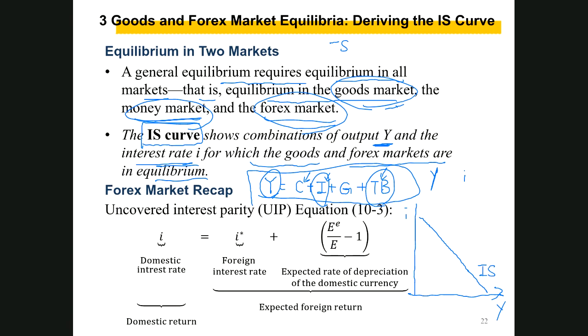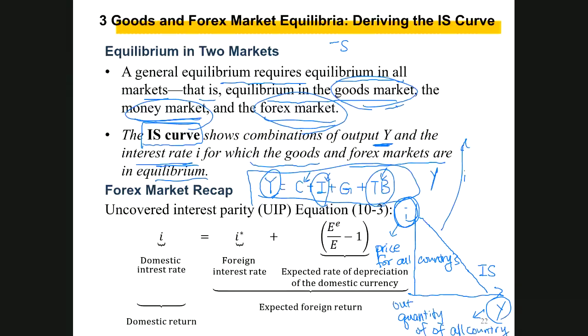You could treat this as the price for the whole country, and this will be the quantity or output of the whole country. So this is the first part of the IS-LM-FX model.